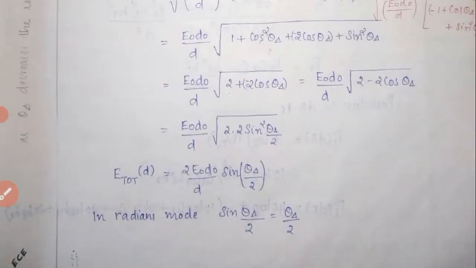So we get, taking out of the square root, 2 E naught d naught by d sin delta theta by 2. In radians mode, sin delta theta by 2 can be represented as delta theta by 2.